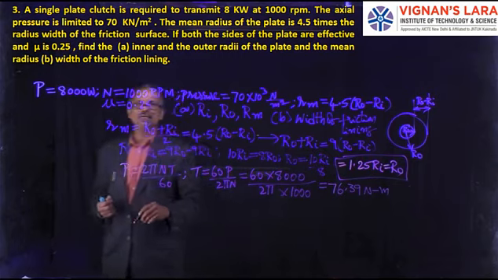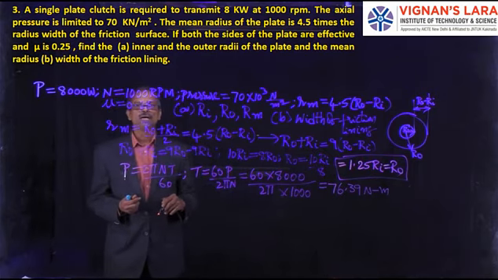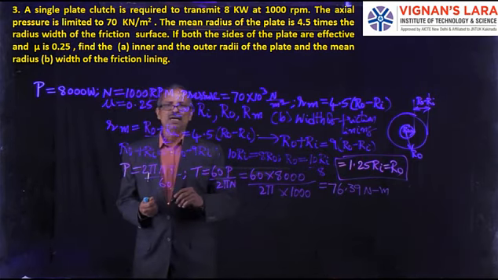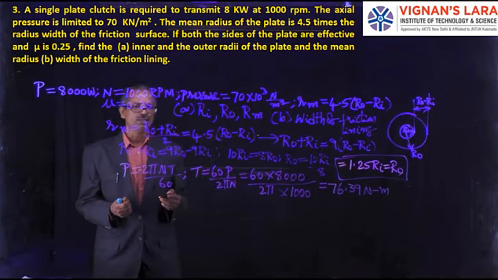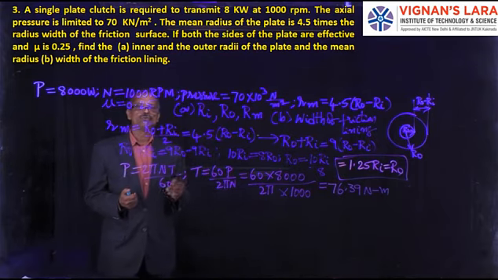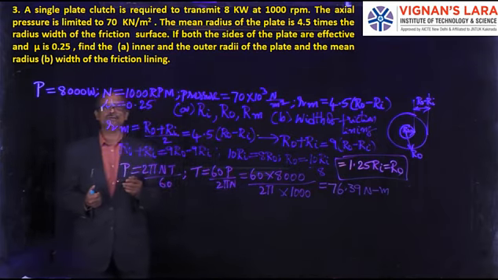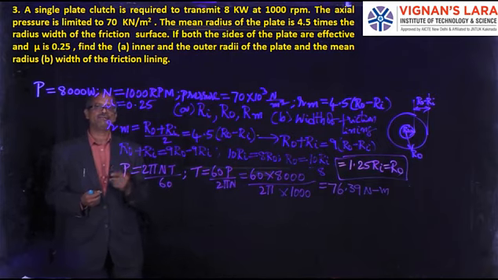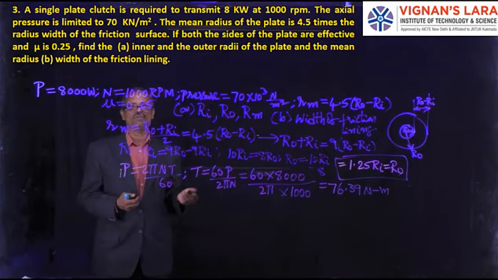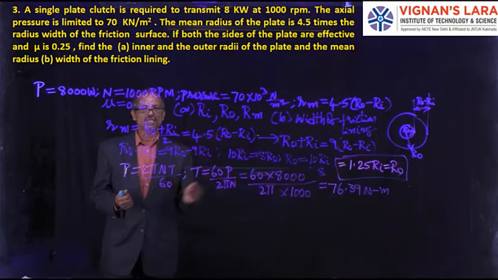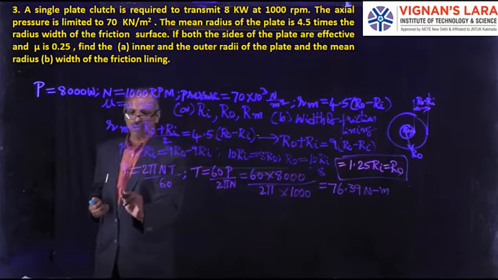What is the clutch? This is a single plate clutch. Which theory do you use, uniform pressure theory or uniform wear theory? We said at the very beginning that for clutches we use uniform wear theory. So we can write the equation for the torque.